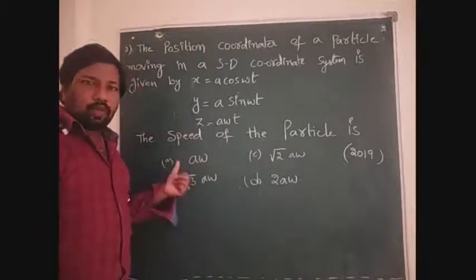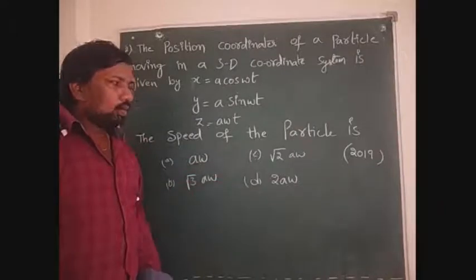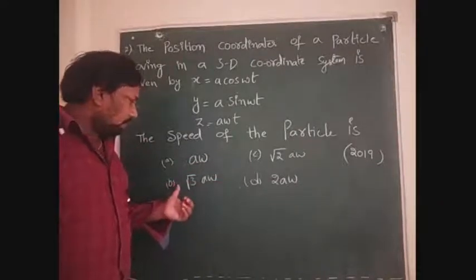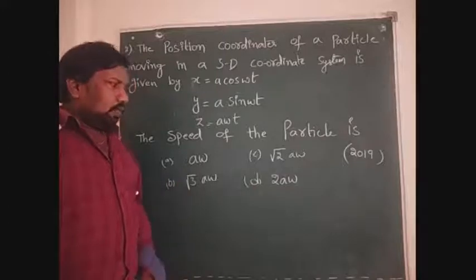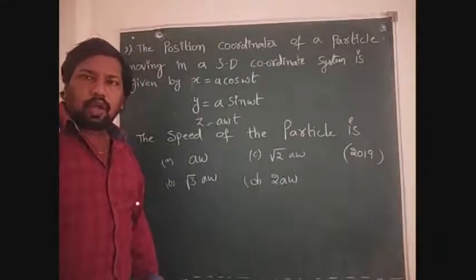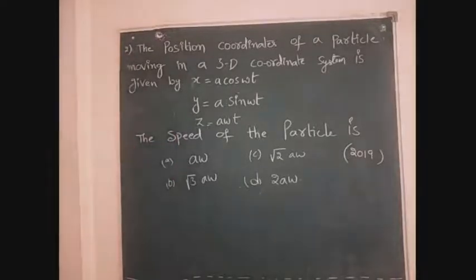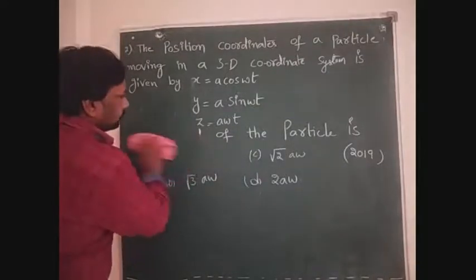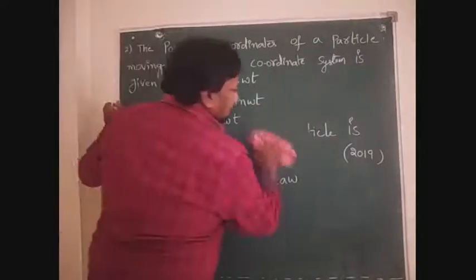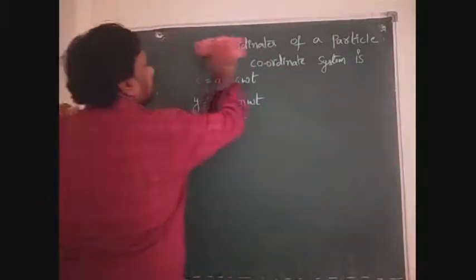Option a is a omega, option b is root 2 a omega, option c is root 3 a omega, option d is 2 a omega. Now we can calculate the speed of the particle. This question was asked in the 2019 JEE Mains paper.